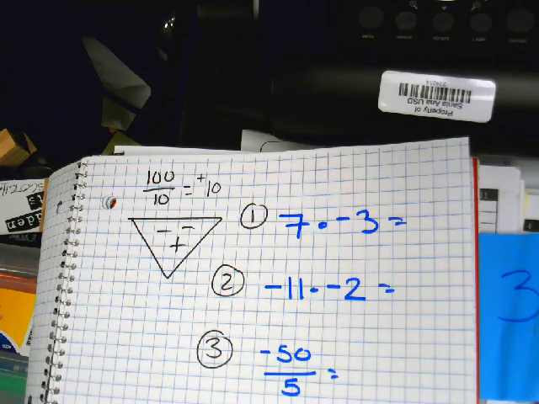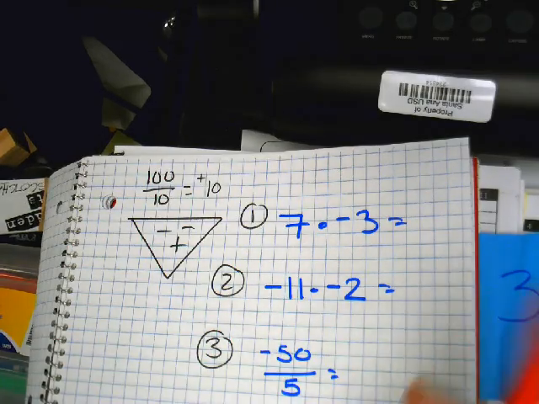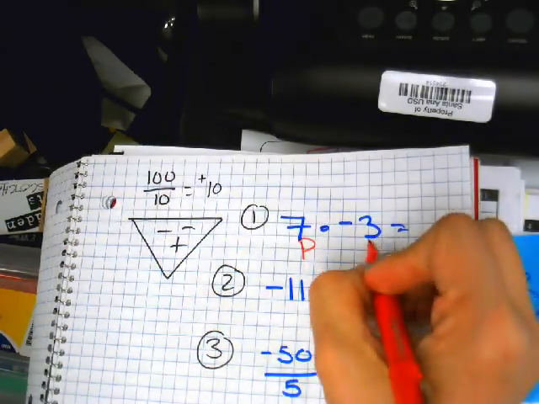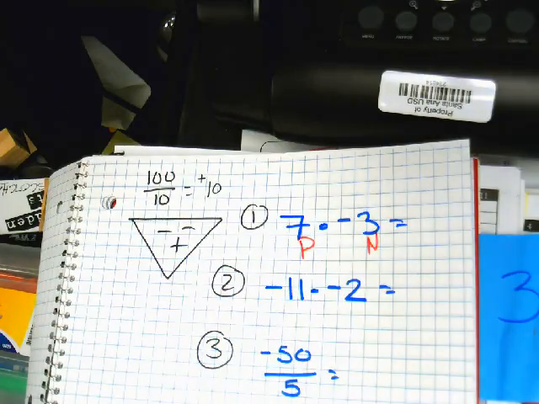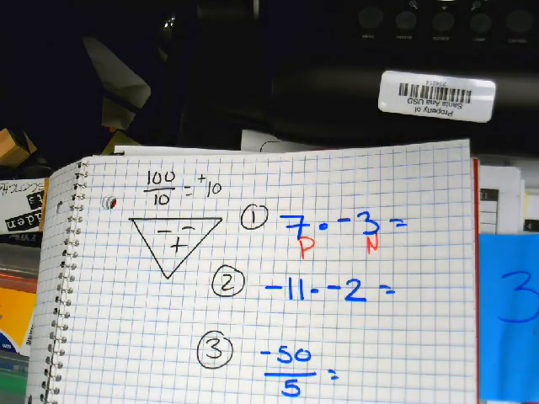First one, is it going to be negative or is it going to be positive? Negative. Positive, negative. So, if you do not understand the Dorito Man, then look at the letters.